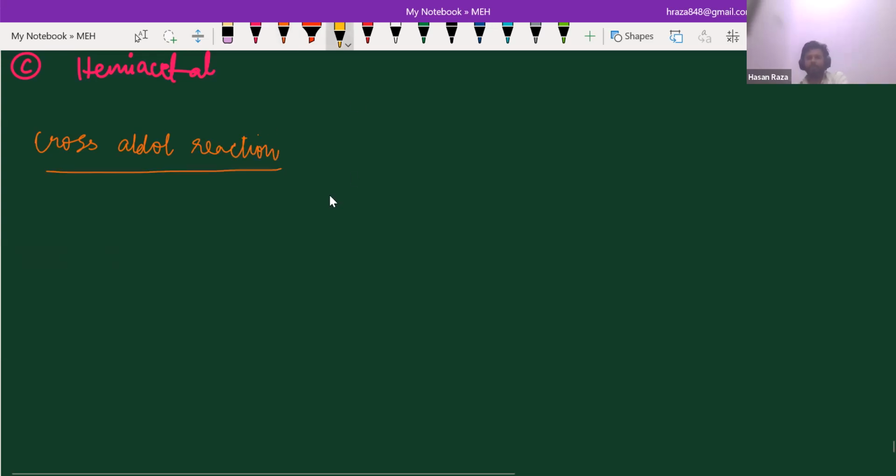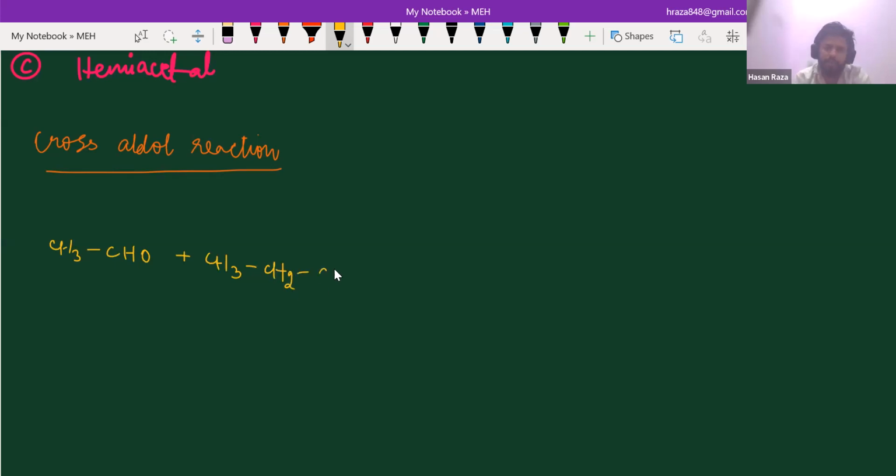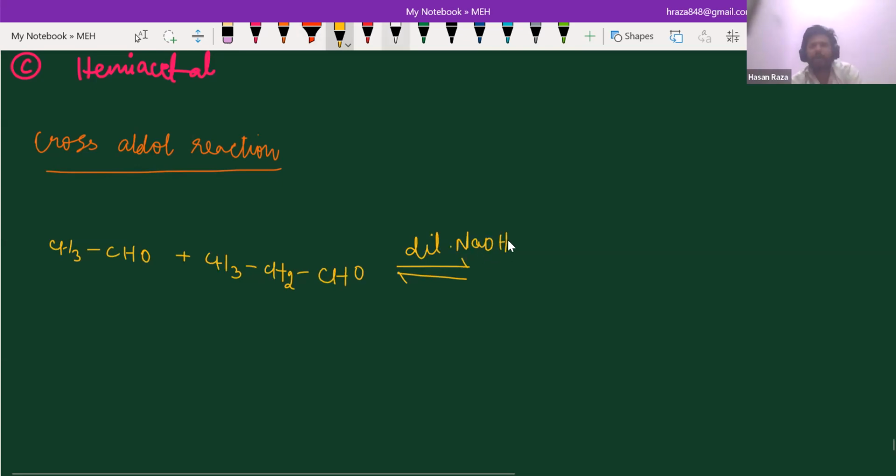Basically, when you are going to react different aldehydes, just take CH3CHO, and you are going to react this with CH3CH2CHO. You know how many products there will be? There will be basically 4 products. How is it going to be 4 products in the presence of dilute alkali, that is NaOH or KOH? How will there be 4 products?